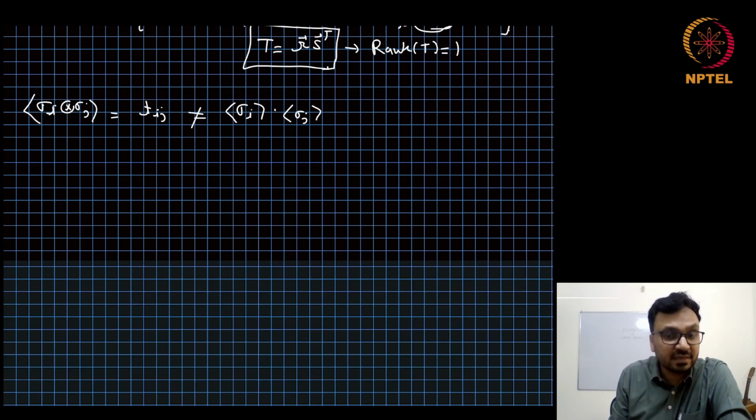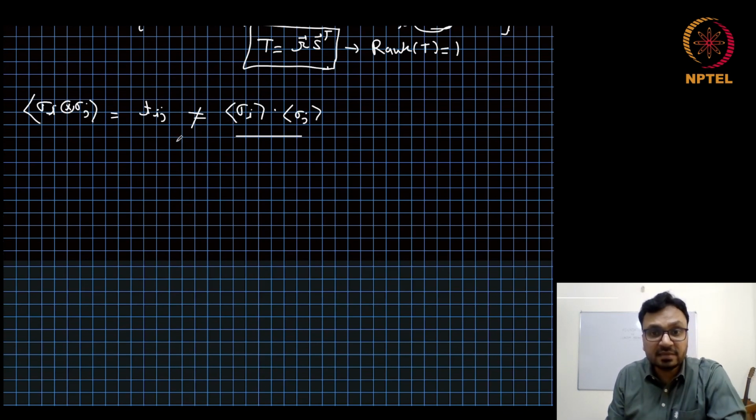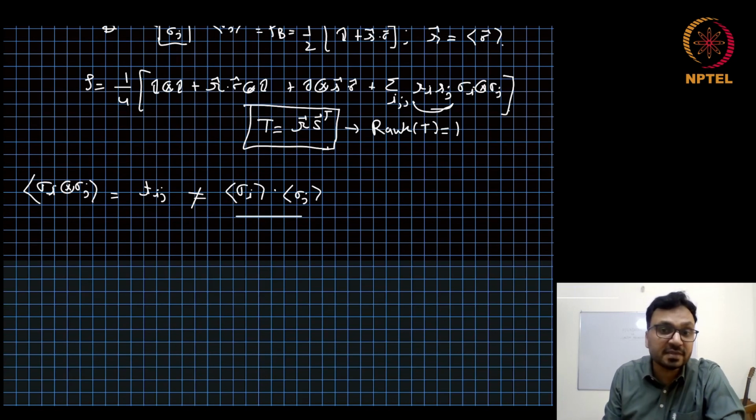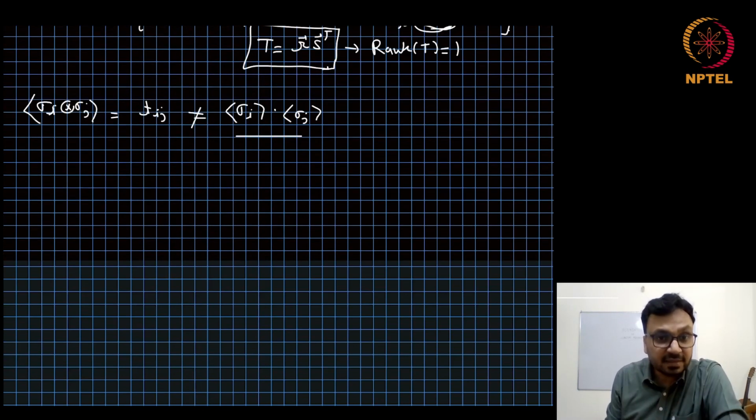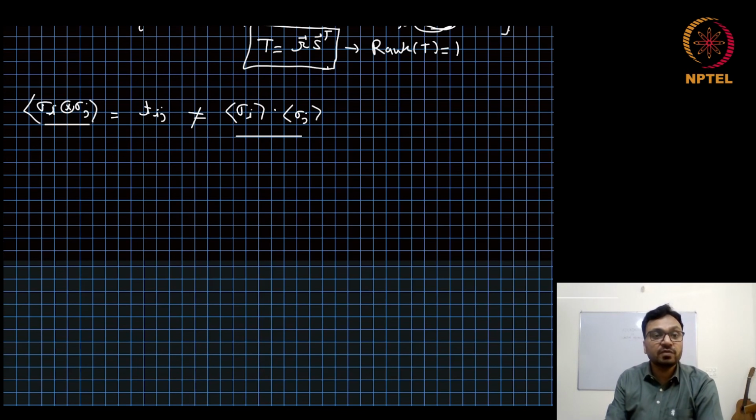If this were the case, then the T matrix would be just R times S transpose, and the T_ij element would look like R_i S_j. But this need not be the case, so the T_ij are more general. We need to find the most general expectation value of sigma i tensor sigma j from a given experimental setting.